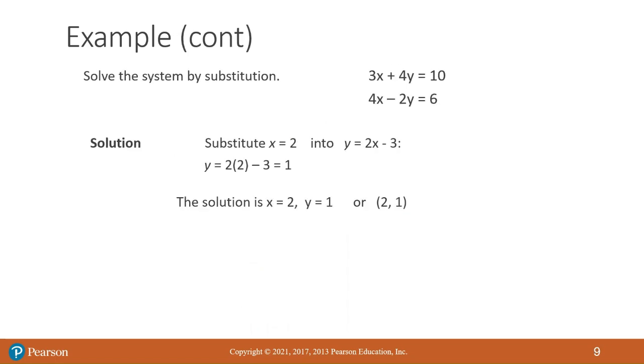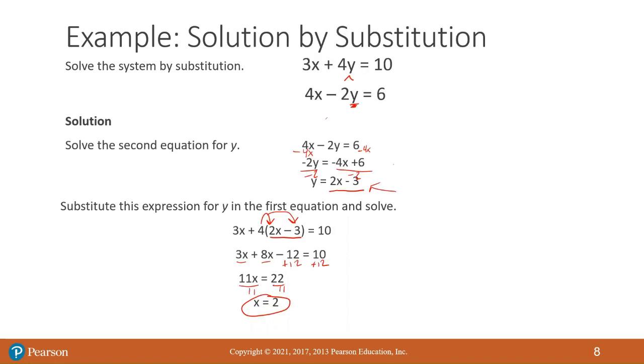We're going to get y equals 2 times 2 minus 3. 2 times 2 is 4. 4 minus 3 is 1. So I should have the solution y equals 1, x equals 2.